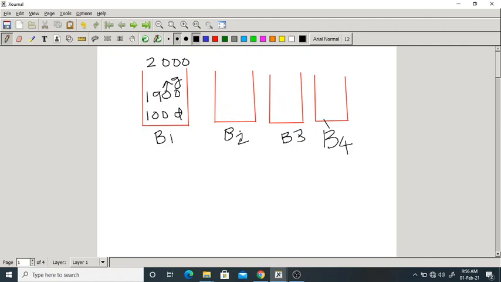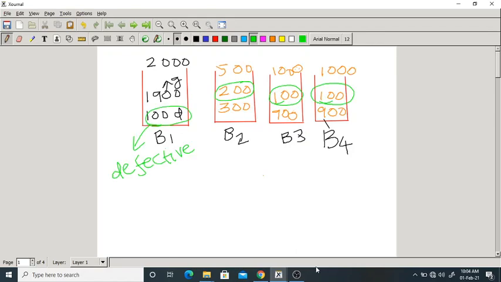In the same way, in box 2, 300 are good. So how many are defective? 200. 200 are defective. Okay, so here I have written all four boxes and the number of defective components in each of the four boxes.